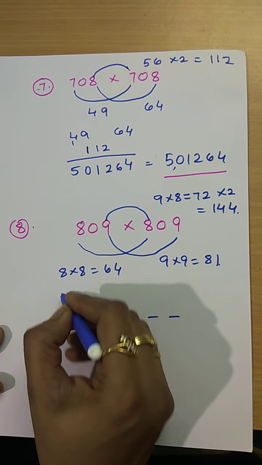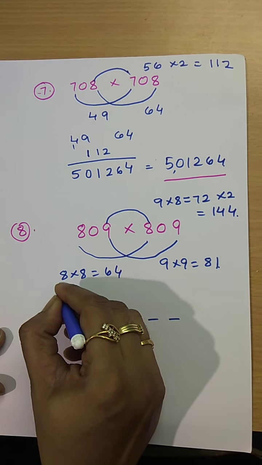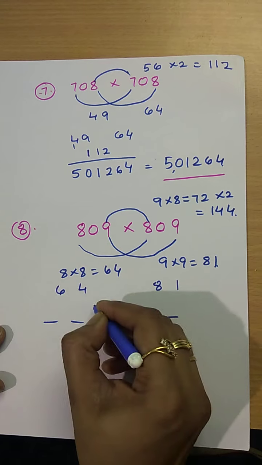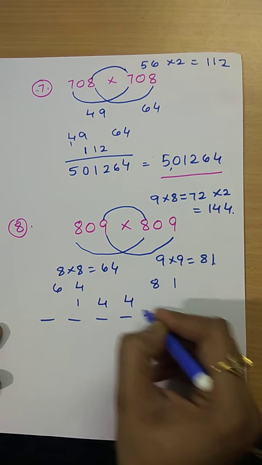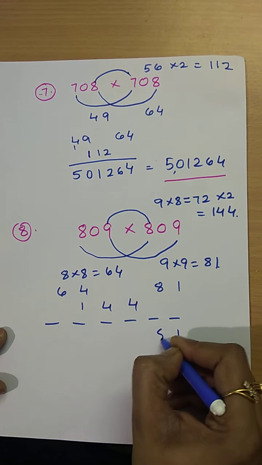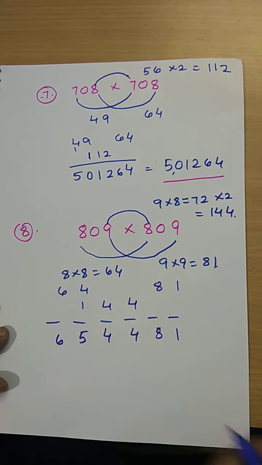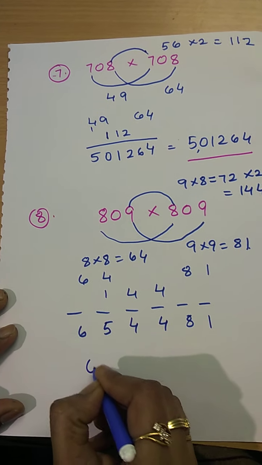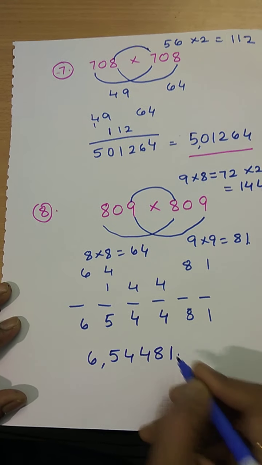So write 64 here, after that 81, after that 144. So 1 we should write down, and 44 stays. So the answer will be 654,481.